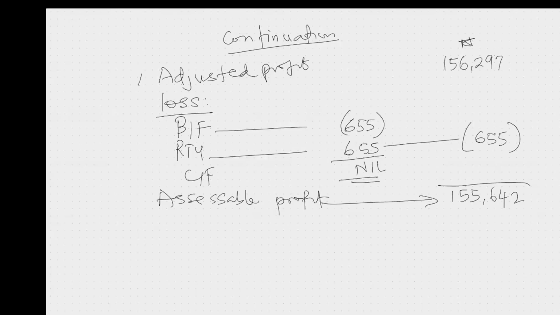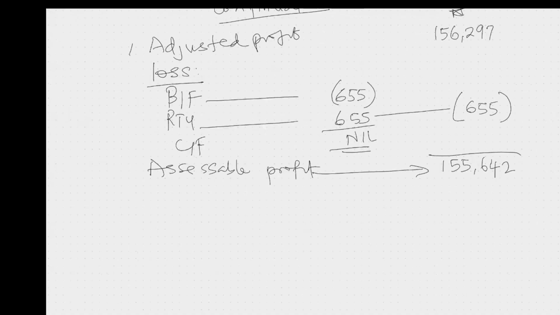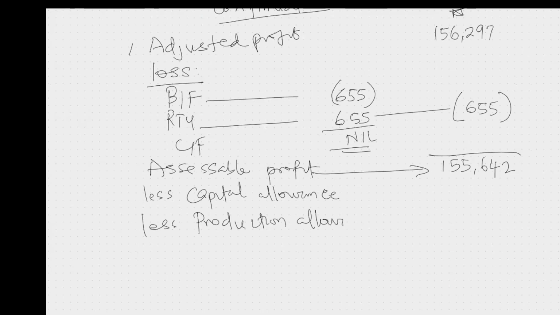So let's move ahead. The next one that we need to now do is our chargeable profit. To do our chargeable profit, we less capital allowance and also less production allowance. What's my capital allowance? 1,720.